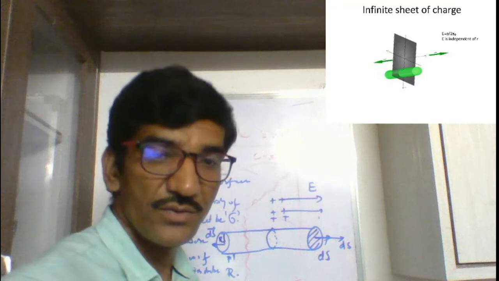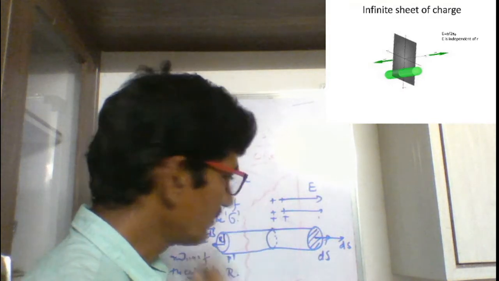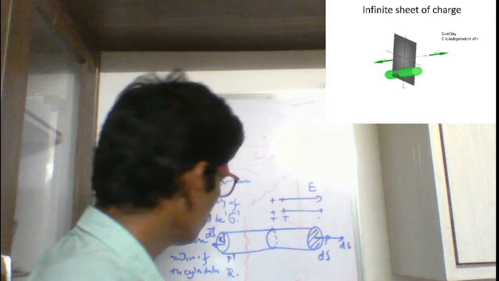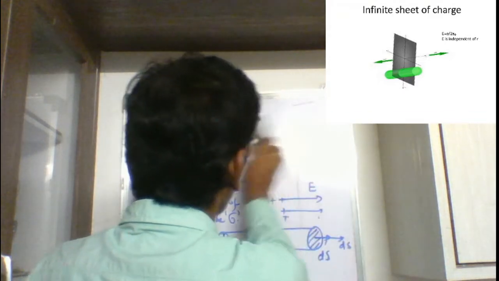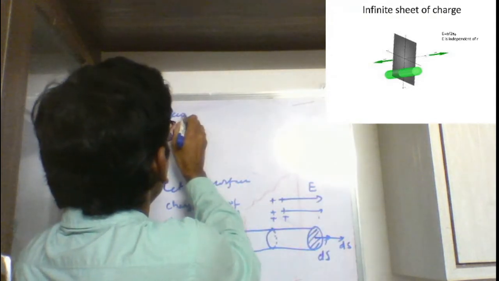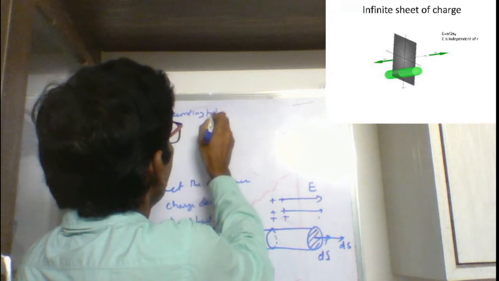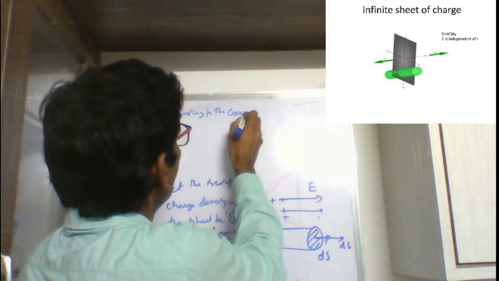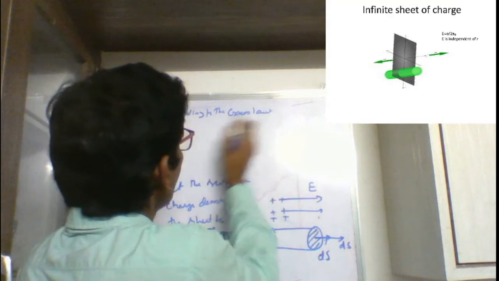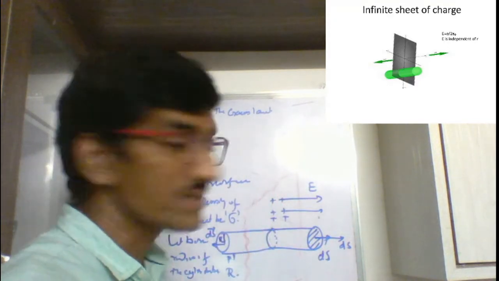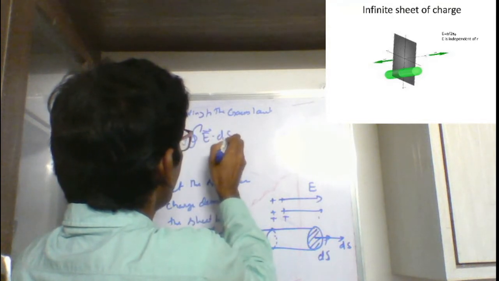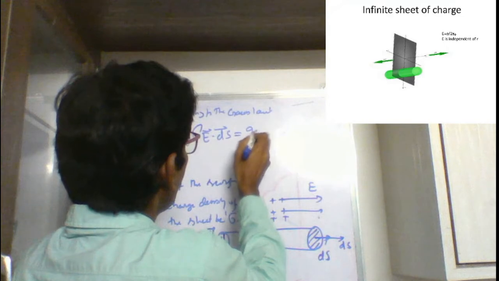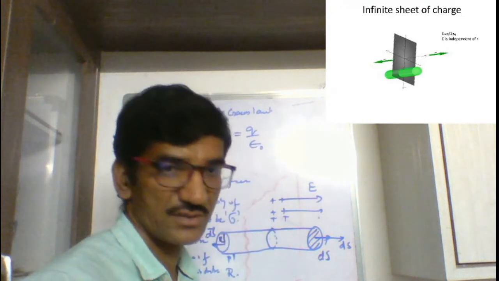Now we have to apply Gauss law for this cylinder. According to the Gauss law, just write it down as it is: integral E dot dS is equal to q by epsilon.